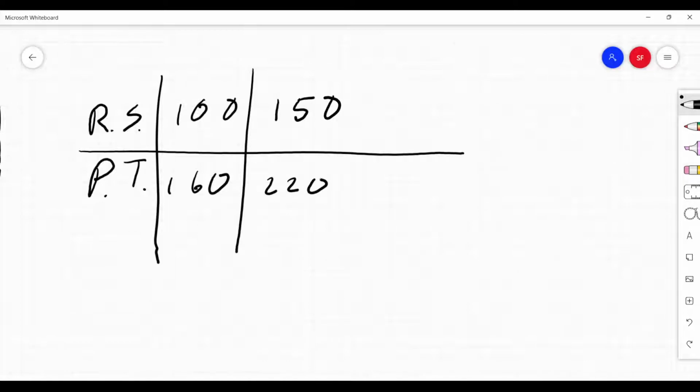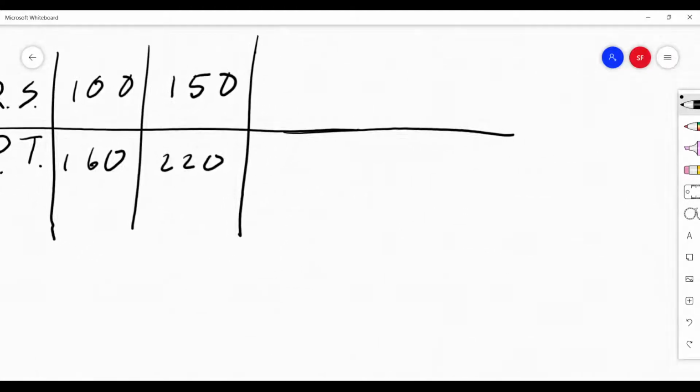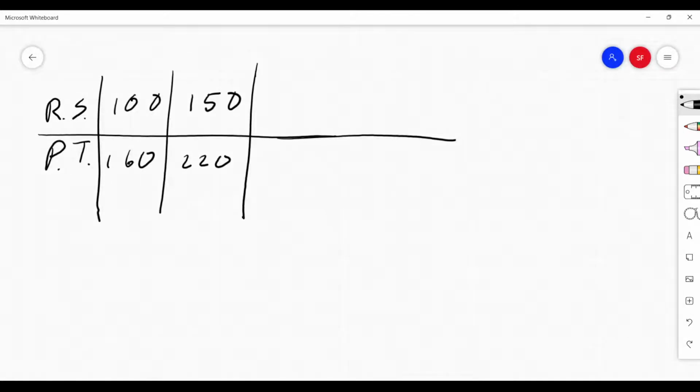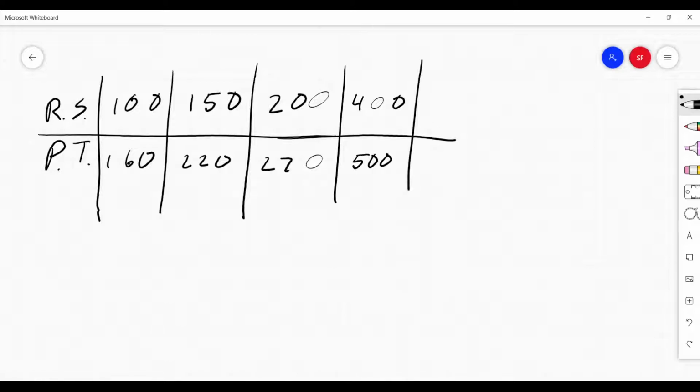The table is 100 goes to 160, 220, 200 goes to 270, 400 goes to 500, and then 500 goes to 680.